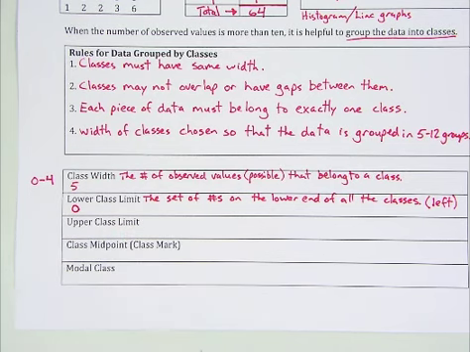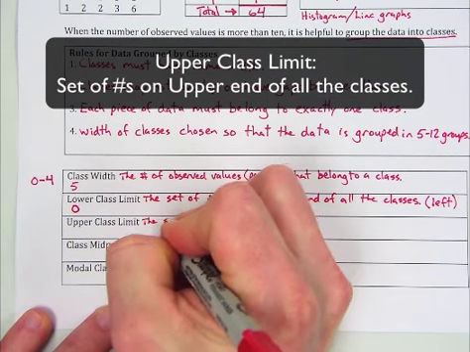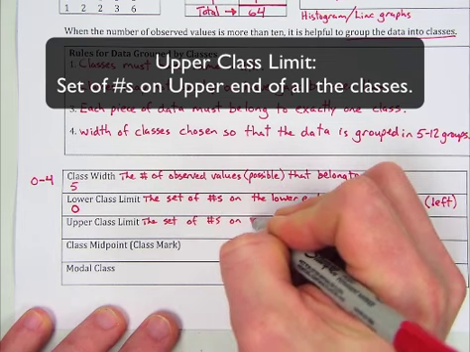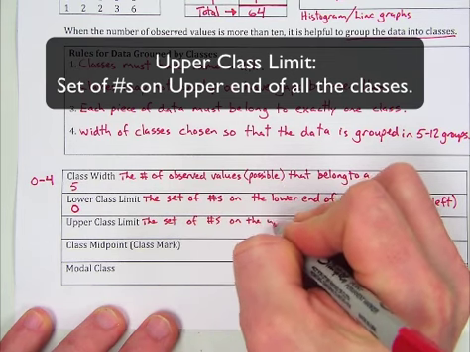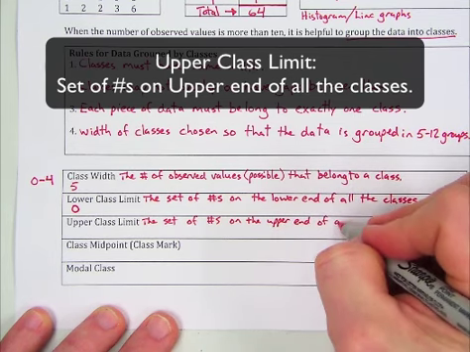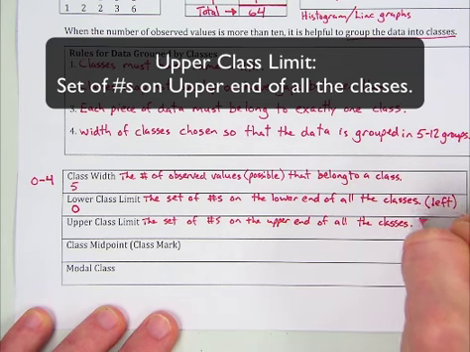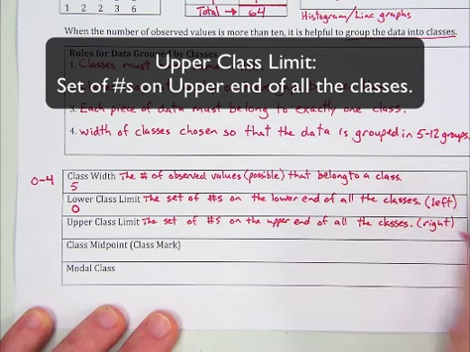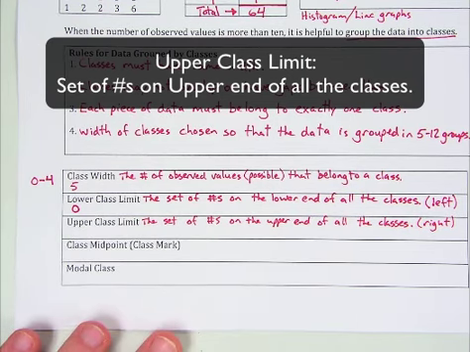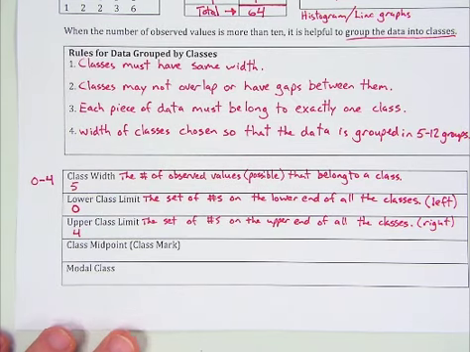Now the upper class limit is just what it says, the upper. So it's the set of numbers on the upper end of all the classes. And it's going to be on the right. So looking at our class from 0 to 4, 4 would be the upper limit.